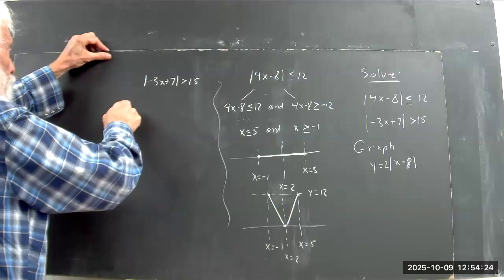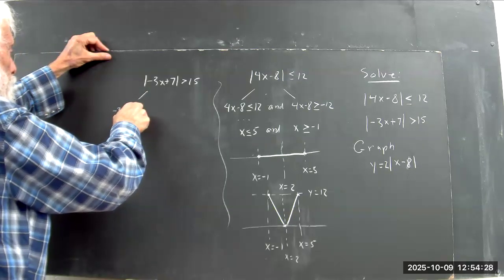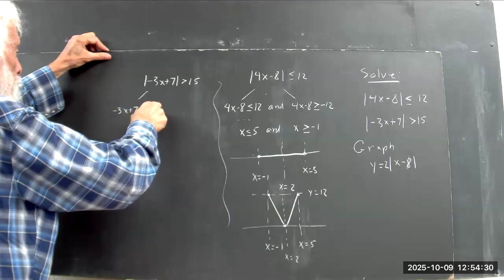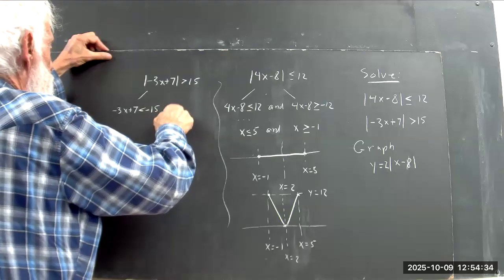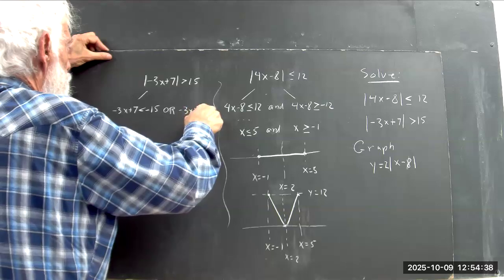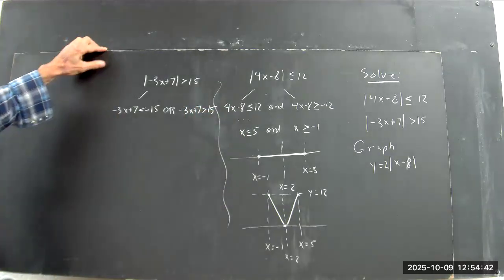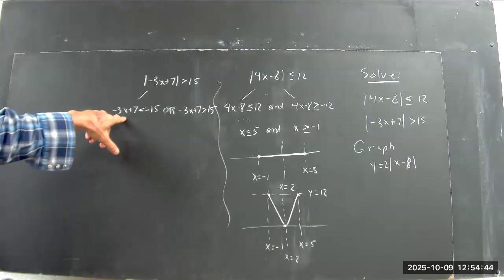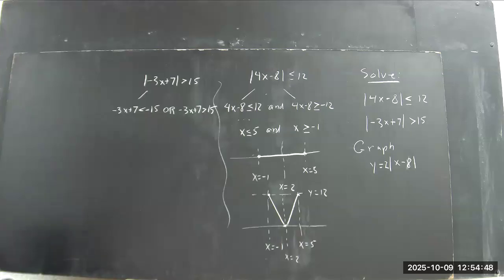Anyhow, that gives us negative 3x plus 7 is less than negative 15, or it's greater than 15.